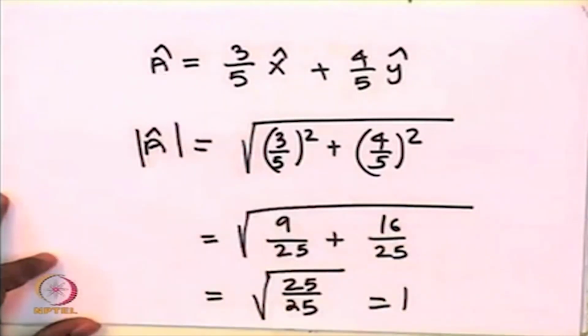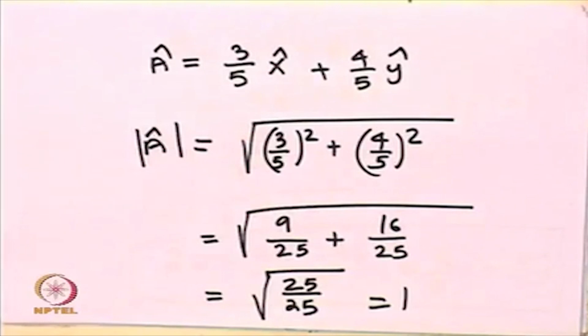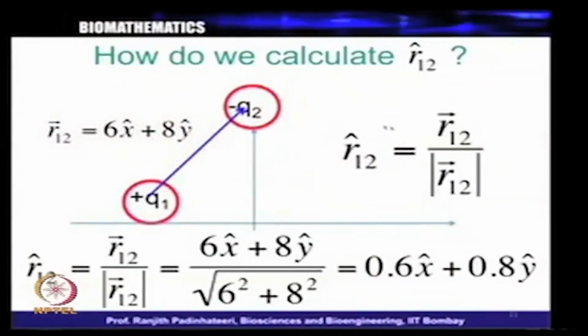We calculate the direction, the unit vector representing the direction. So now we go ahead and calculate r12 cap. We know that r12 is 6x plus 8y, and r12 cap is r12 divided by mod of r12.